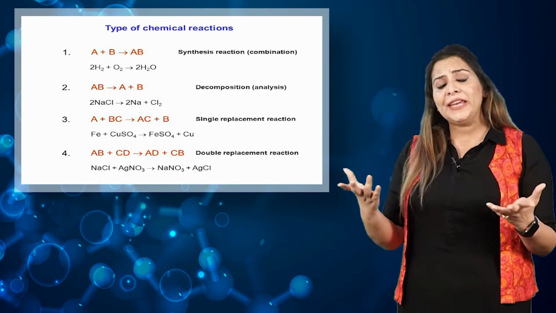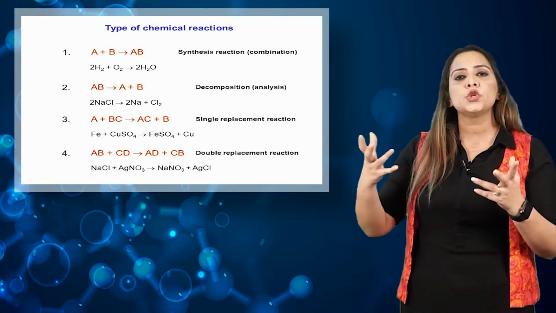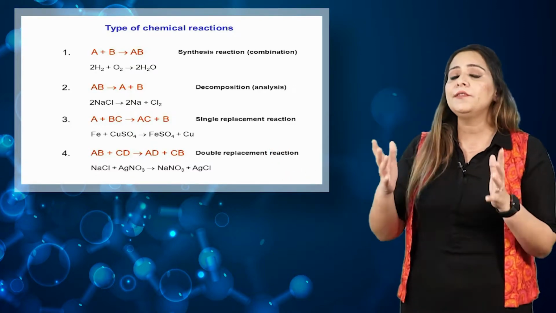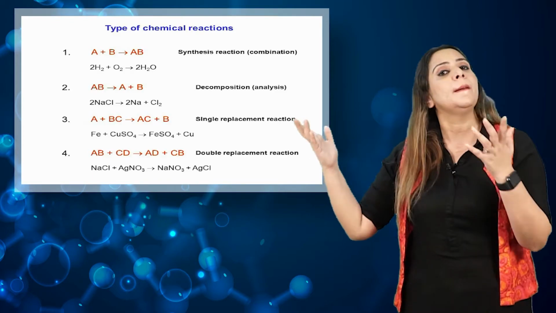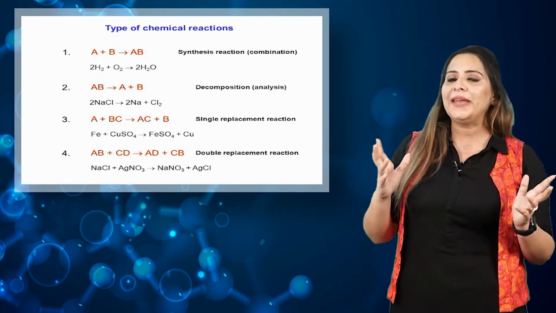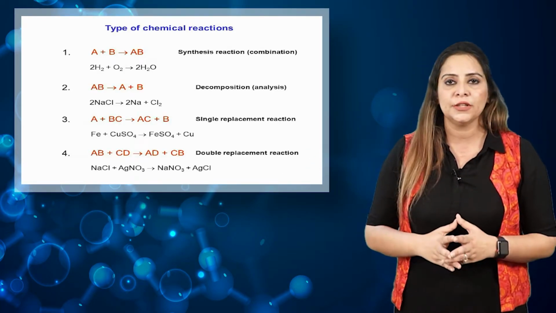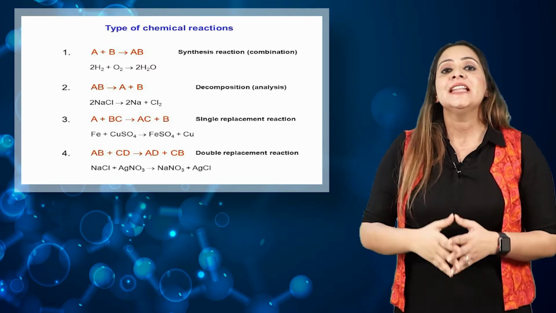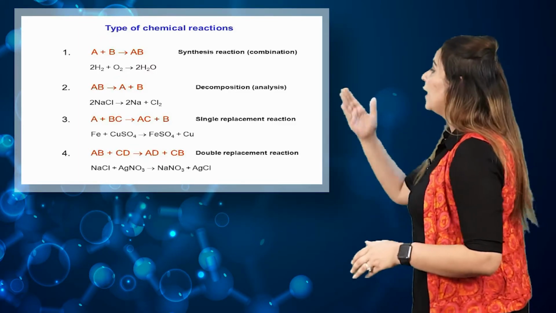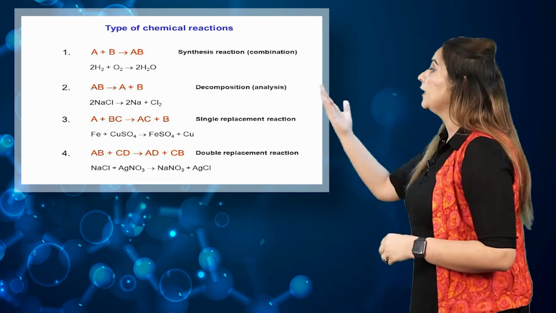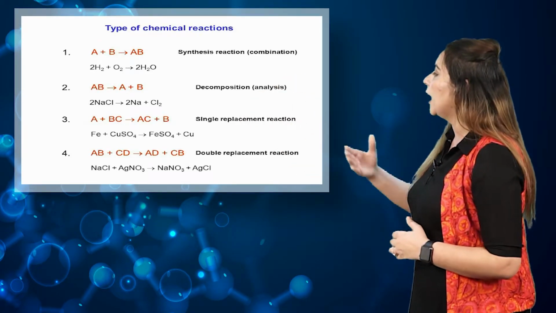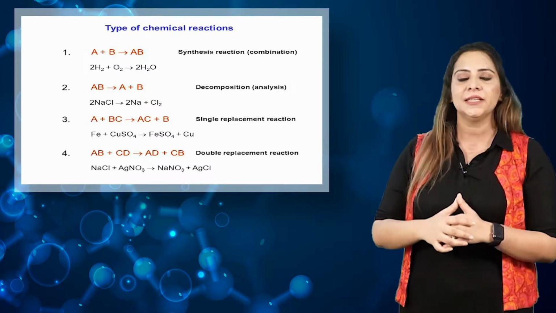Moreover, we can say that the reactants can be 1, 2, 3 or many, and the products can also be 1, 2 or many. That varies from reaction to reaction. But in every chemical reaction, it is mandatory that we have reactants and products. The reactants are written on the left hand side and the products are written on the right hand side.